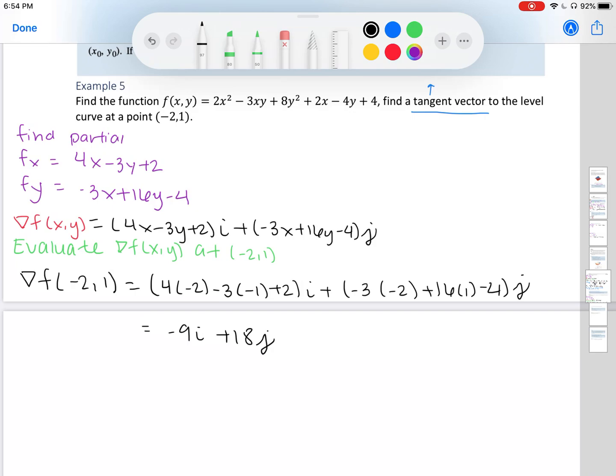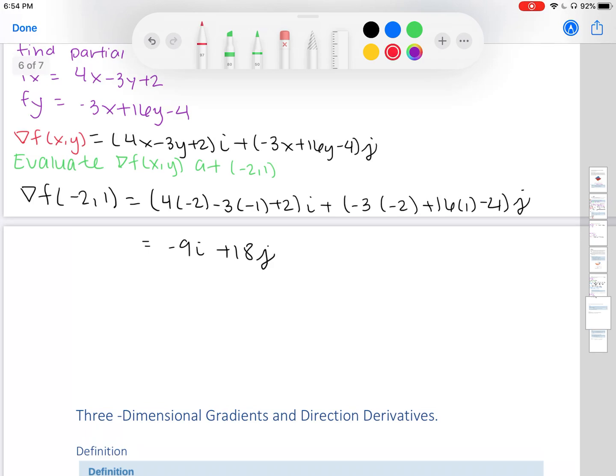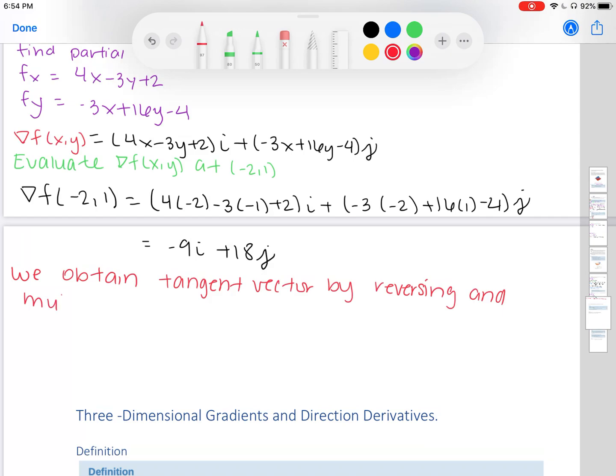Now to obtain the tangent vector, it's like finding the opposite. We obtain the tangent vector by reversing and multiplying by negative 1 the components.